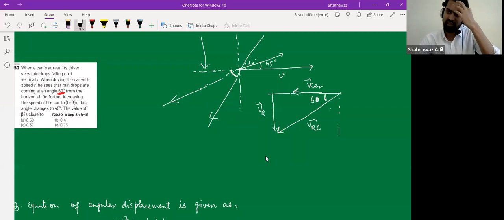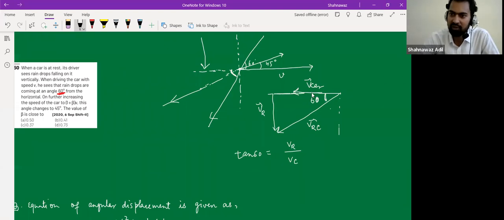So did you understand this effective diagram? So in the first part, tan 60 will be VR by V car, right?